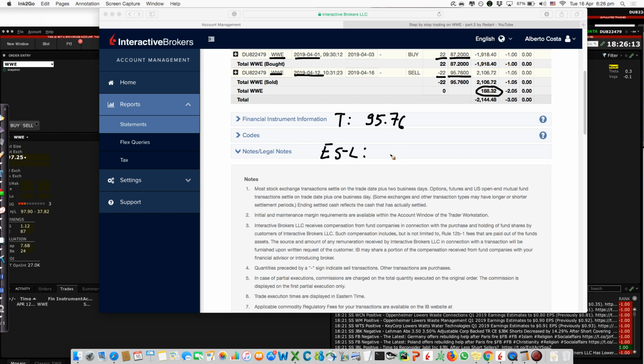So the stop was 86.94 and the limit was 87.38, and the stop loss was 82.53. Now you see that the price 87.2 was actually in this range, okay?